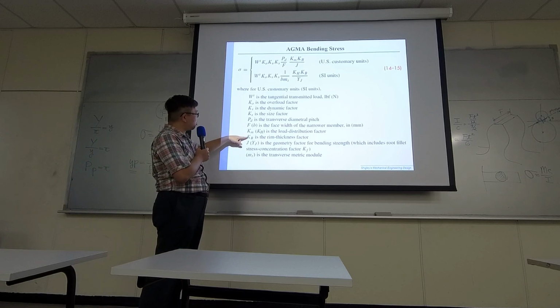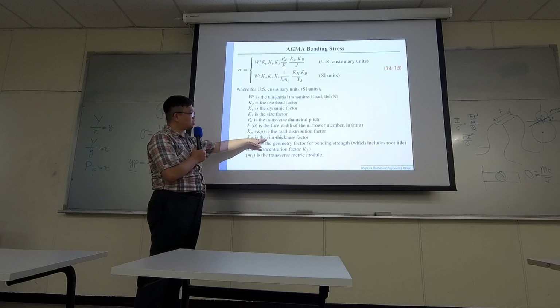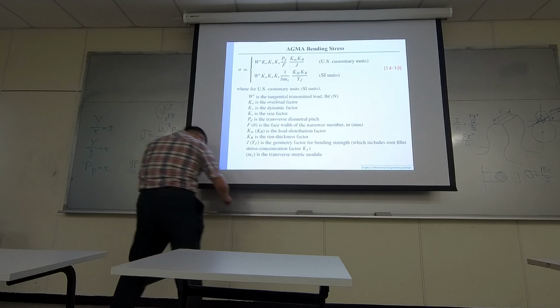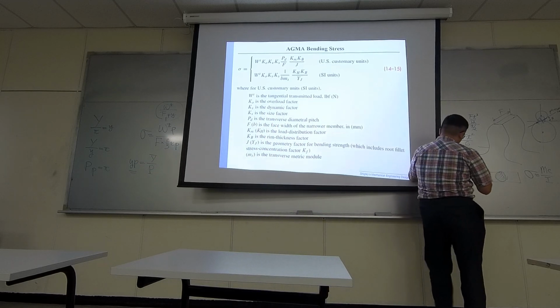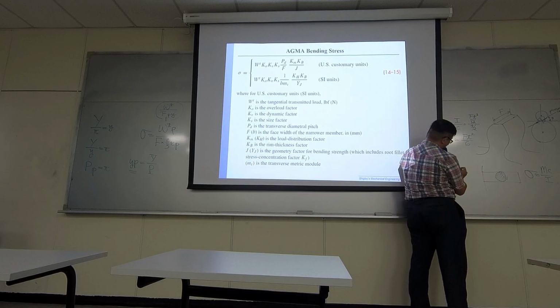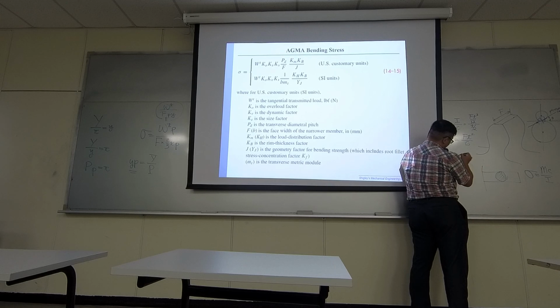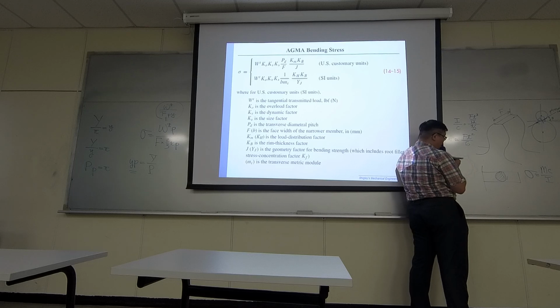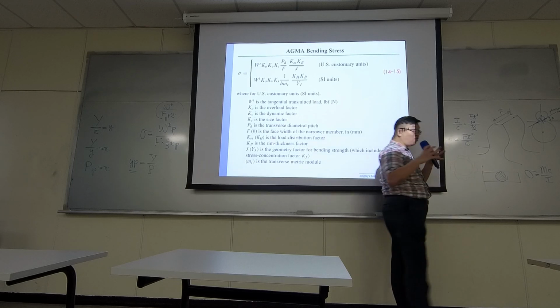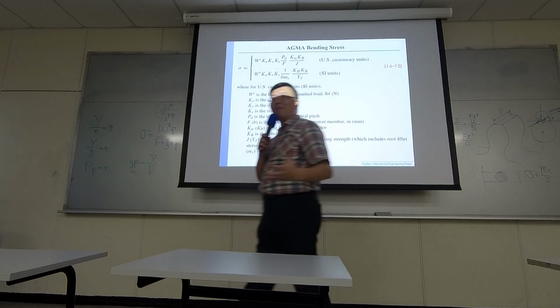Another parameter is called the rim thickness. What's a rim? If you have a gear that looks like a donut, where the hole right at the middle is not a small hole but a really large hole, then it's called a rim.